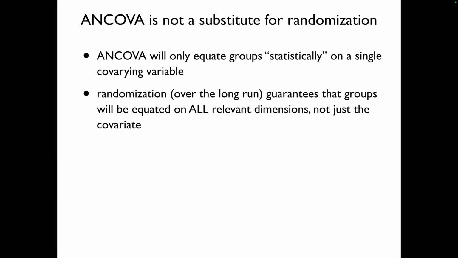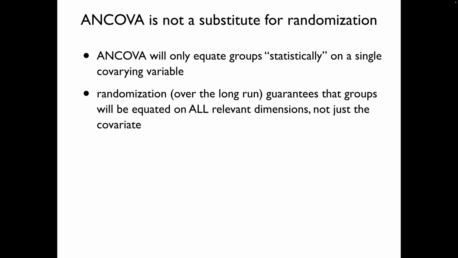Now, just a note about the idea of statistically correcting after the fact. It'll only equate groups statistically on the covariate, right? It's not a substitute for true random assignment to groups. Randomization, random assignment, random sampling over the long run guarantees that groups will be equated on all relevant dimensions, not just the covariate.